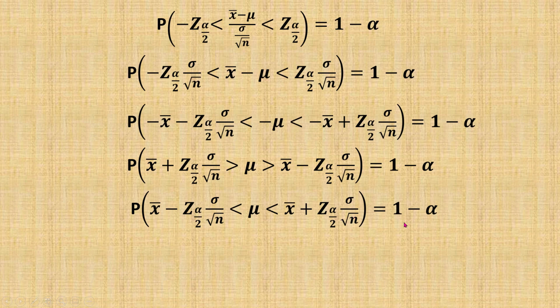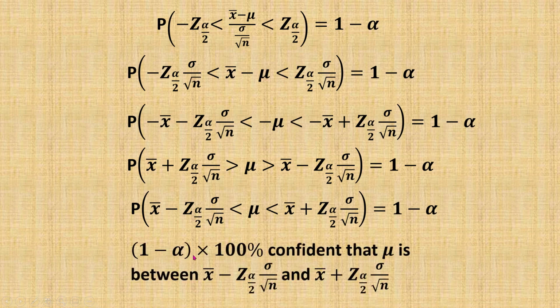So from this, we can say that the probability of mu being between these two values is 1 minus alpha. When we change this to a percentage, we can conclude that there is this percentage of confidence that mu is between this value and this value.